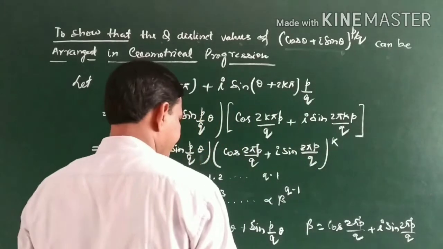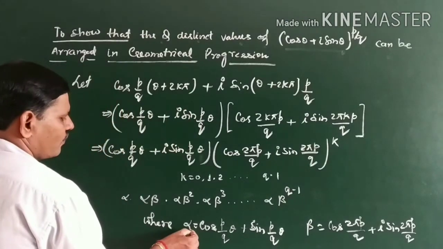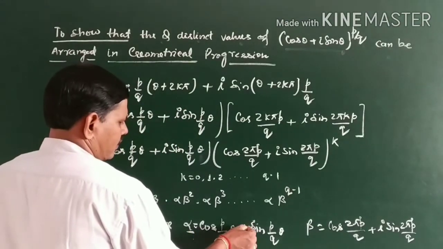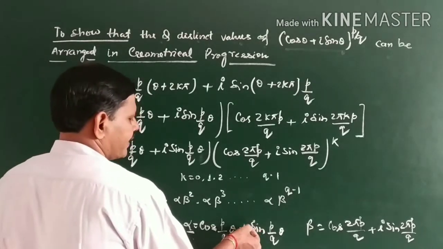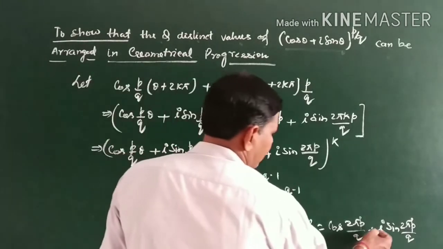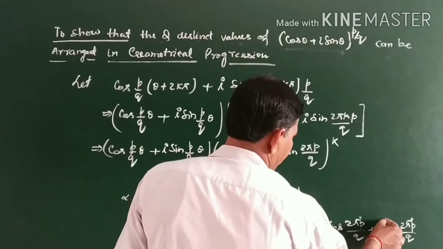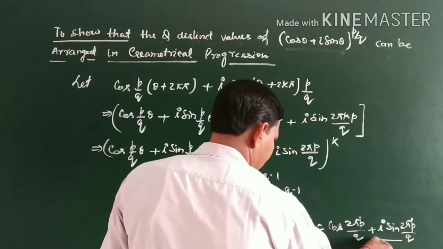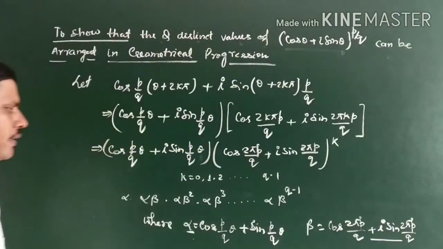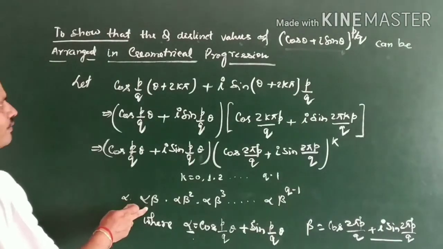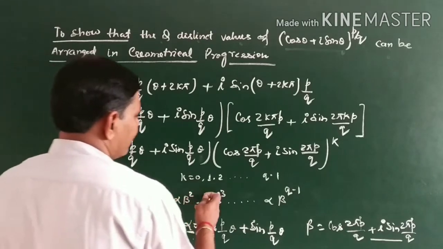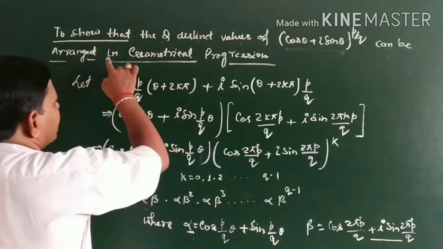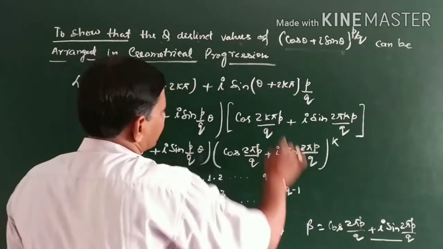We see that alpha is not imaginary and beta is imaginary. Then alpha, alpha beta, alpha beta square, alpha beta cube are in a geometrical progression.